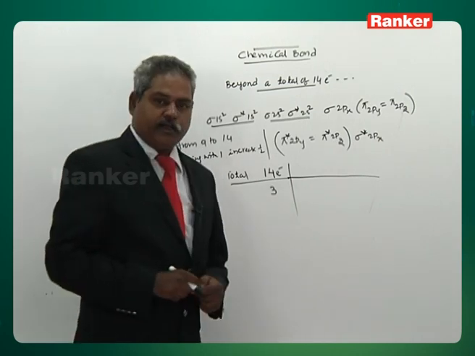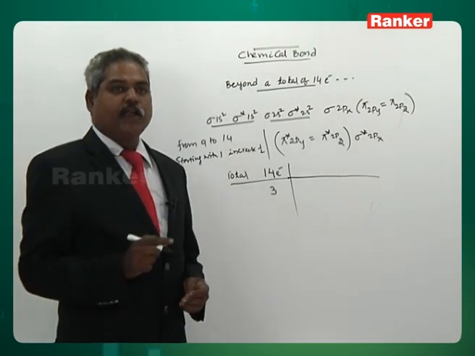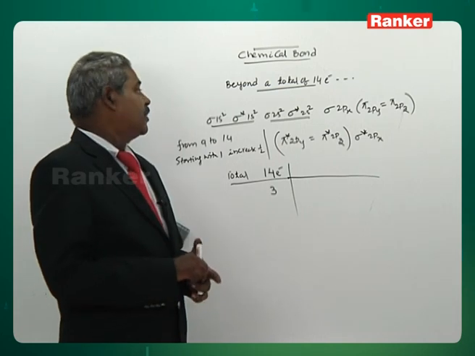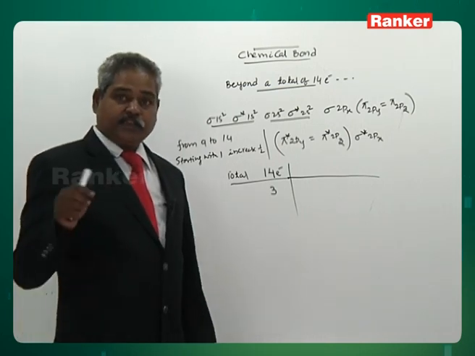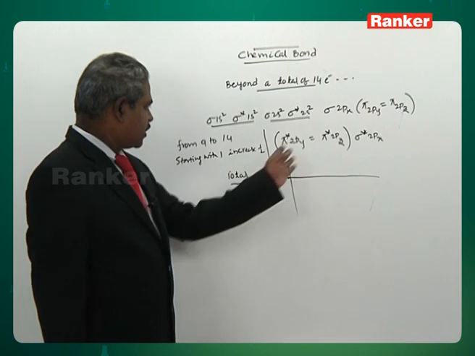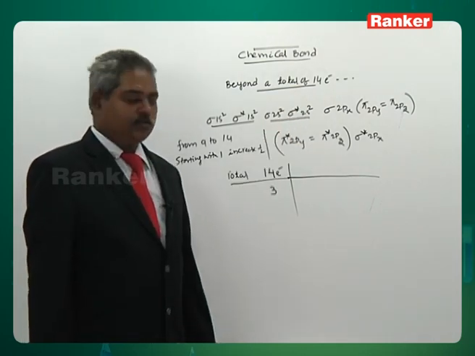And after 14, for every additional electron, decrease the bond order by half. We will of course write from 9 to 20, that is no big deal.